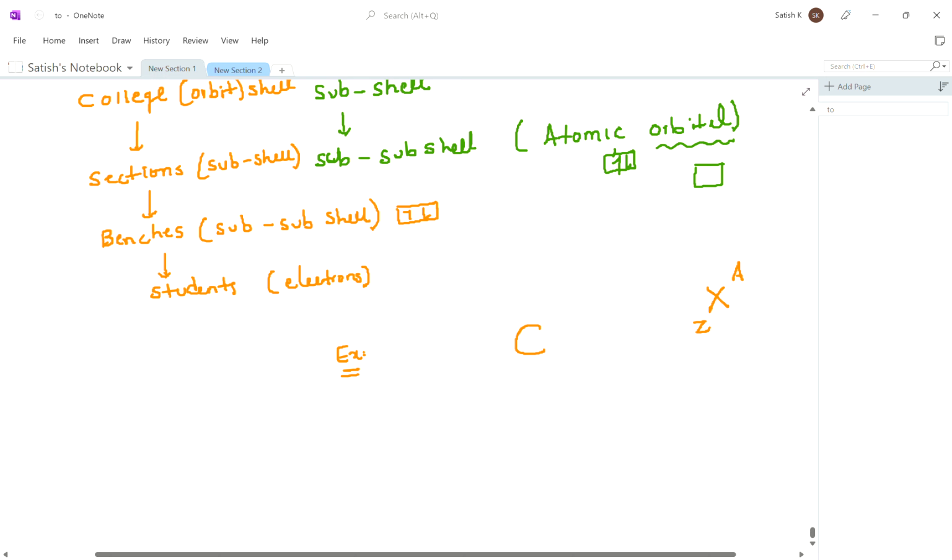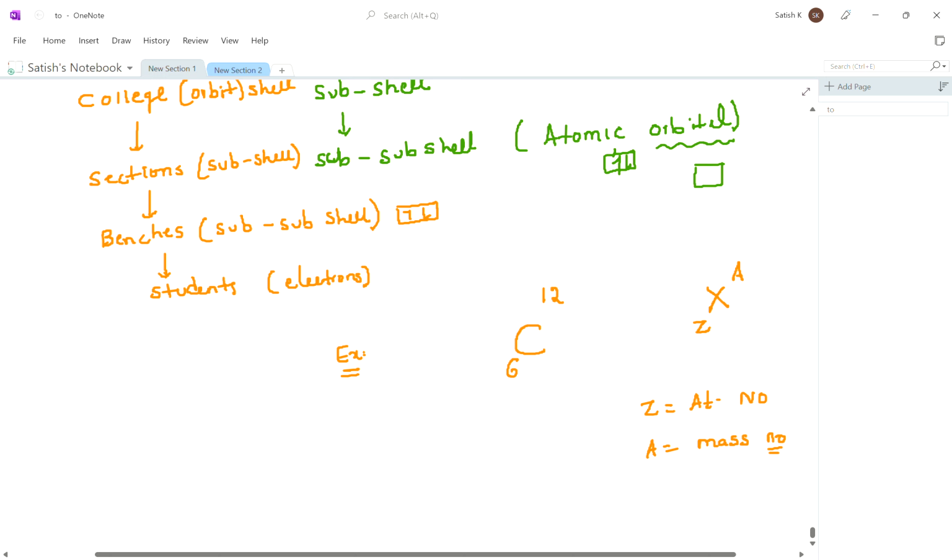There you will understand better. So here Z equals atomic number, A equals mass number. Now I am writing the atomic number of carbon, 6. The mass number is exactly double. Students, easily we can remember this for the examination.